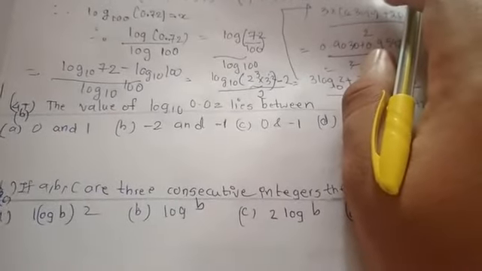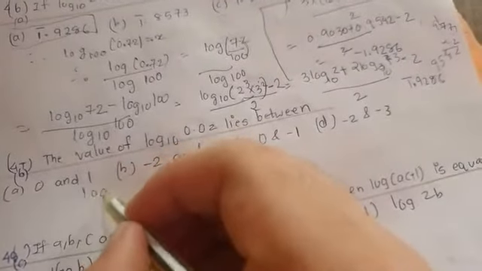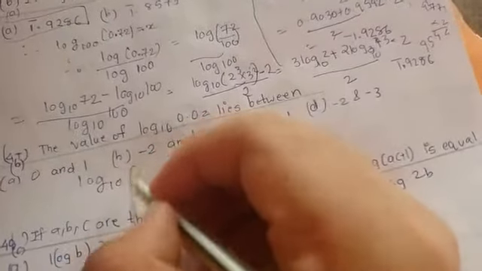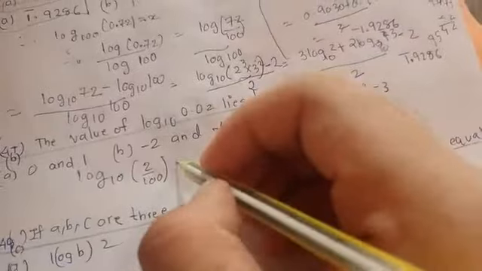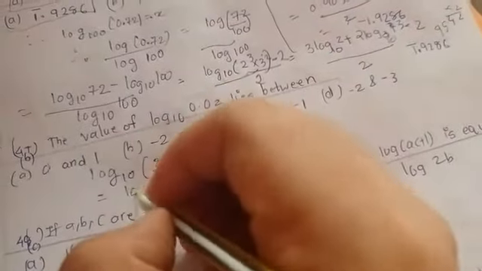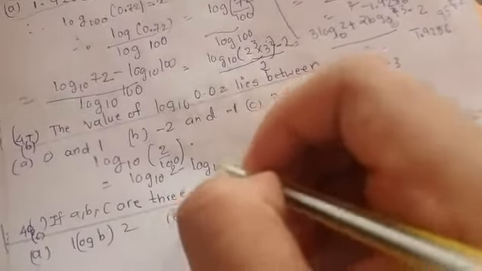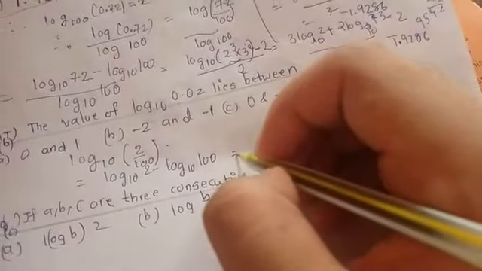The value of log 0.02 to the base 10 lies between. Now we know that 0.02 can be written as 2 upon 100, so log to the base 10 of 2 upon 100 is equal to log to the base 10 of 2 minus log to the base 10 of 100.